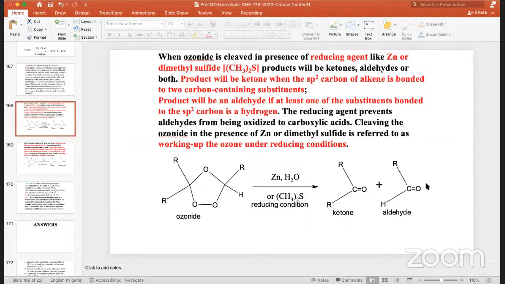That oxidative trend stops there if you use a reducing condition. When the carbon has no hydrogen bonded to it, after breaking under reducing condition, you have your ketone.